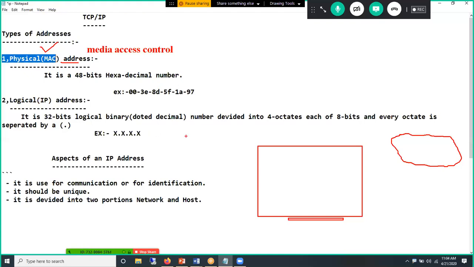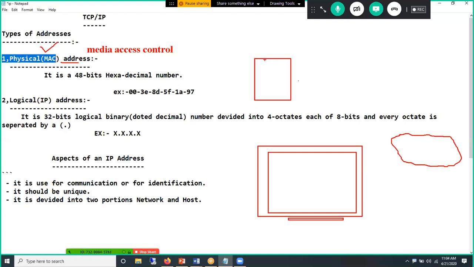Let's say you talk about a computer. On the computer you'll see there is a motherboard. On the motherboard you have RAM, a hard disk, and the processor. You may have many components on the motherboard. So where will you see this MAC address? Take the example of a home: where do we put the address of our home?